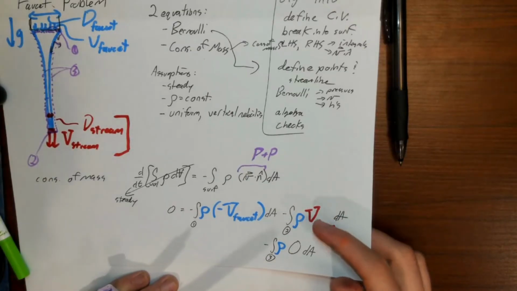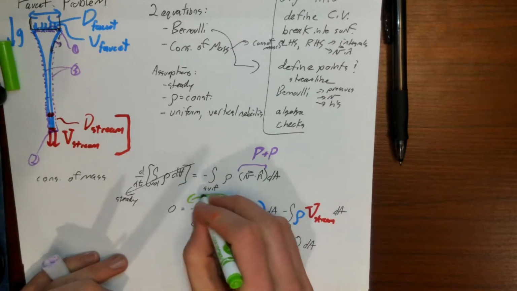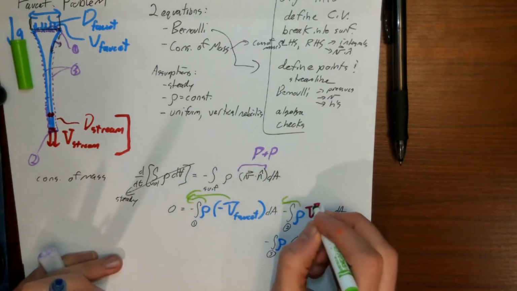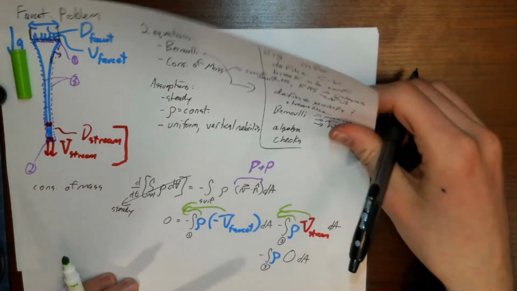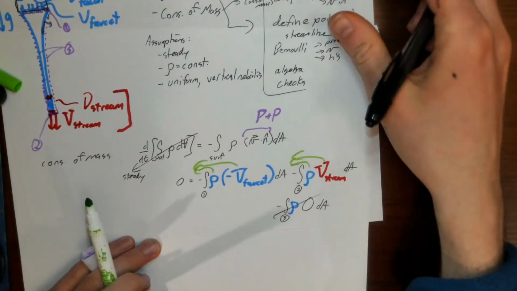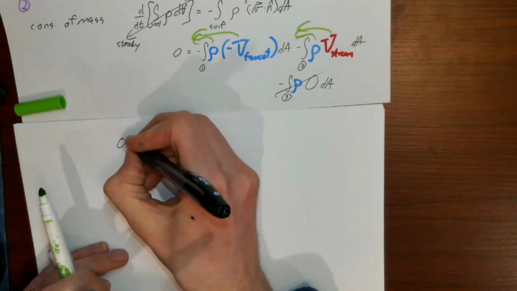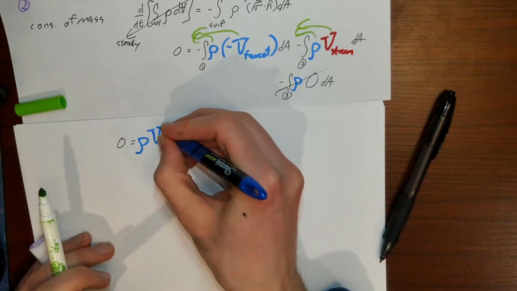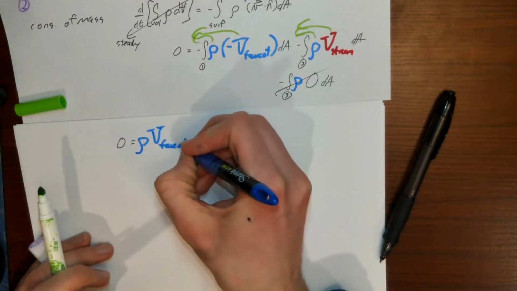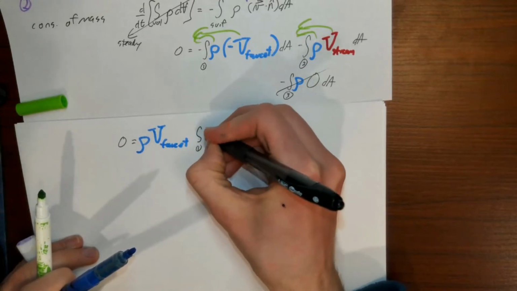So can we deal with some of these integrals? Well, yes. Density can come out. These uniform velocities can come out. And what are we left with? Of course, this term goes away. We're left with 0 is equal to rho v faucet times the integral over surface 1 dA.